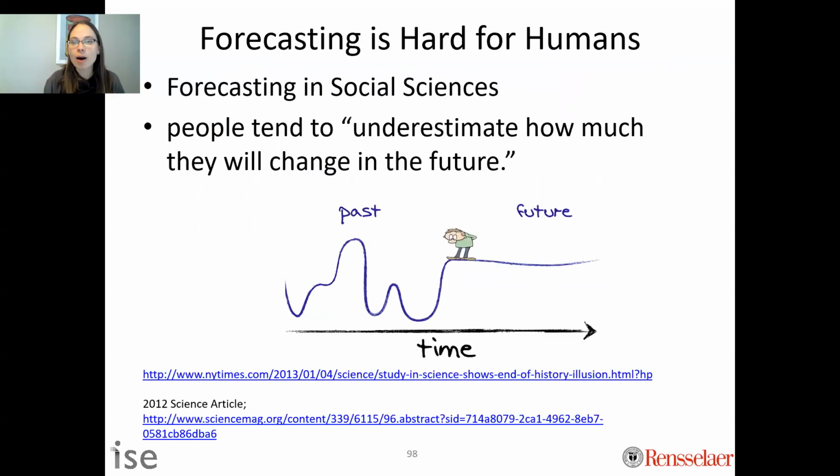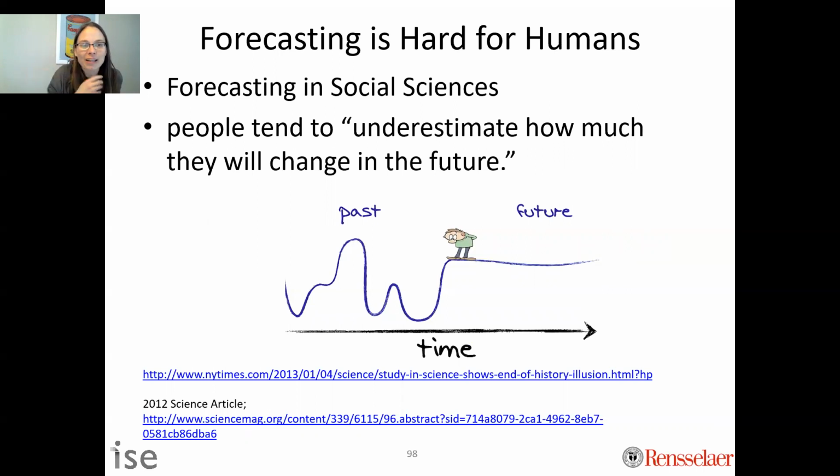My final comment about forecasting is that it's not just hard in supply chains. We as human beings are actually really bad at forecasting. So, forecasting in social science: this is me standing here. If I look back in the past, I could see that I have a lot of seasonality, a lot of variability in what's happening in my life, right? There are ups and downs, whether this is professional success, happiness, or well-being. Usually it's not very steady.